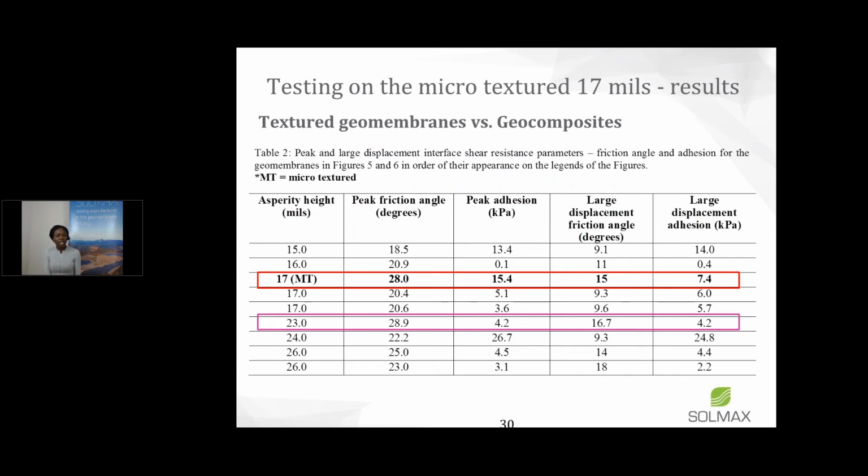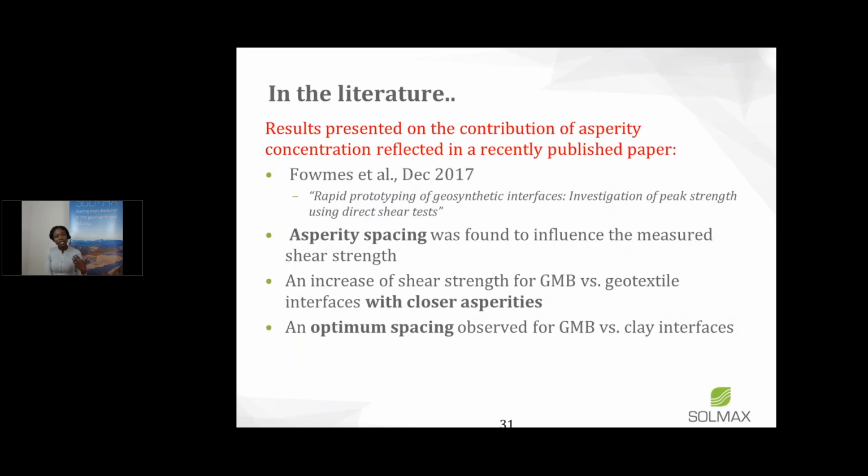And also the residual values and the adhesion values were pretty close. Actually, the microtexture seems to have a higher adhesion than the other ones with a comparable peak friction angle or residual friction angle. So these are really interesting results, and this is what I really wanted to bring to our attention, to make us look at this a little bit closer.